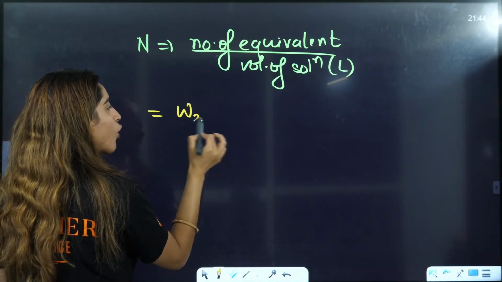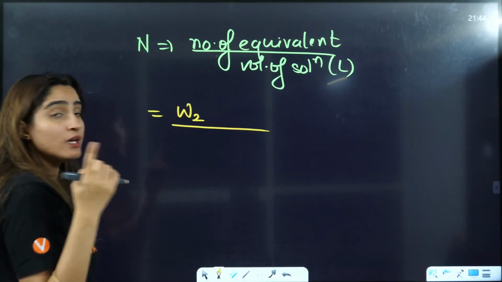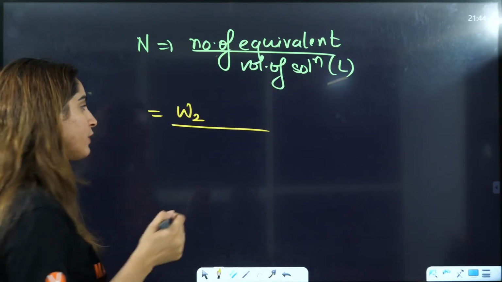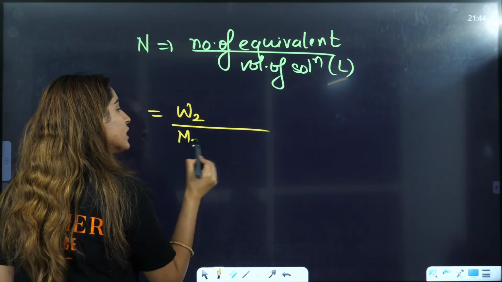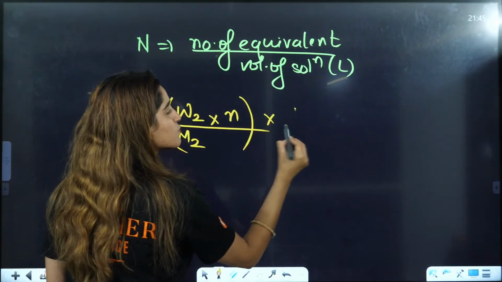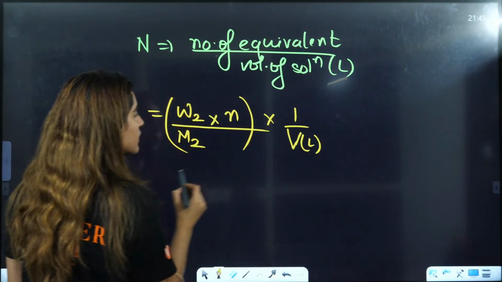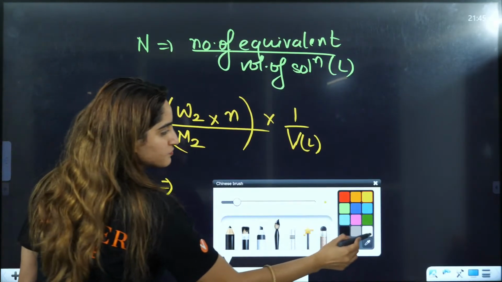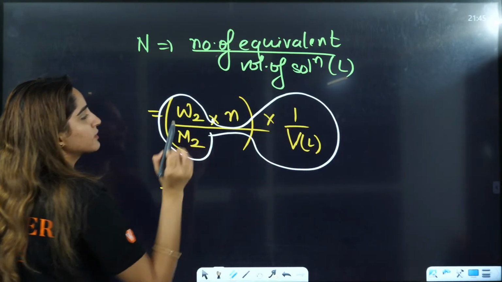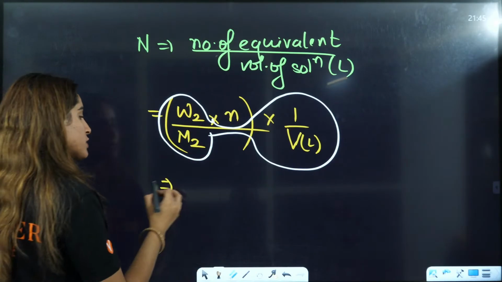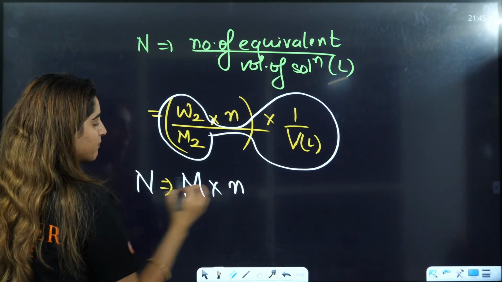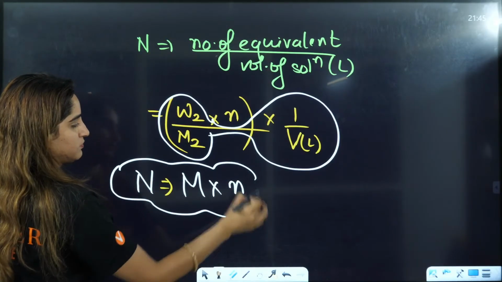That is weight of solute by equivalent weight of solute. What is equivalent weight? Molar weight divided by n factor, right? And this is 1 by volume in liters, right? So we can say that this whole thing is nothing but molarity. So normality is equal to molarity multiplied by n factor.